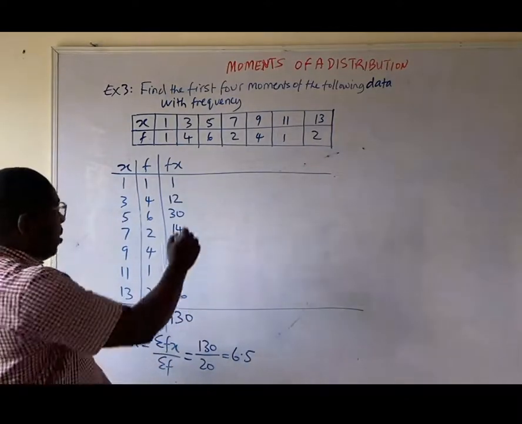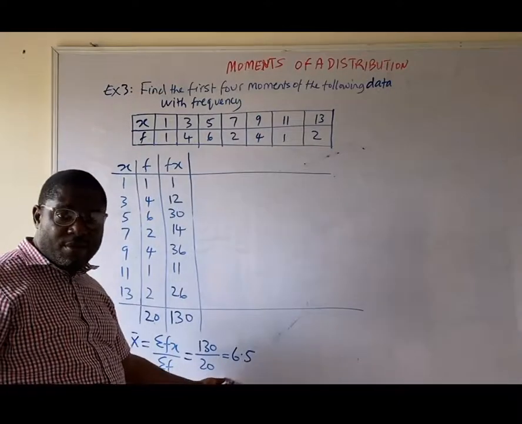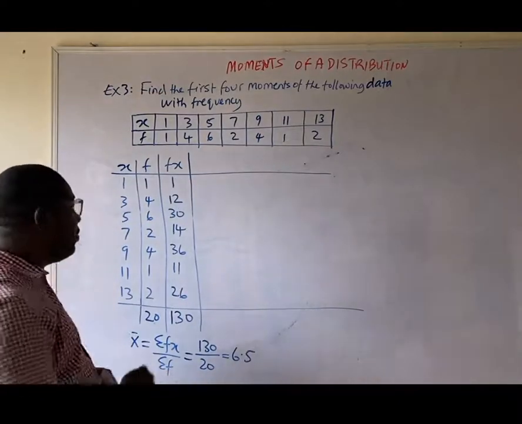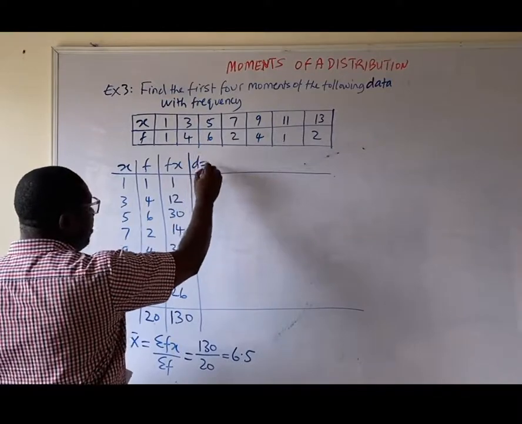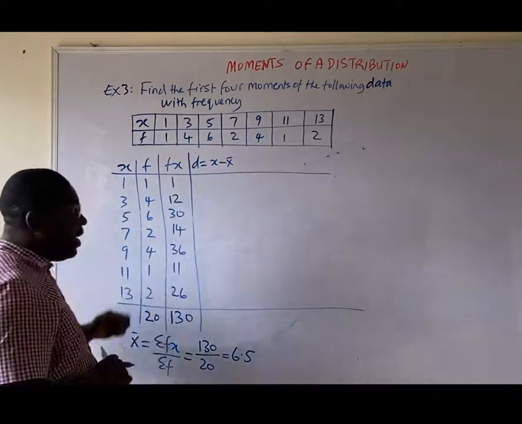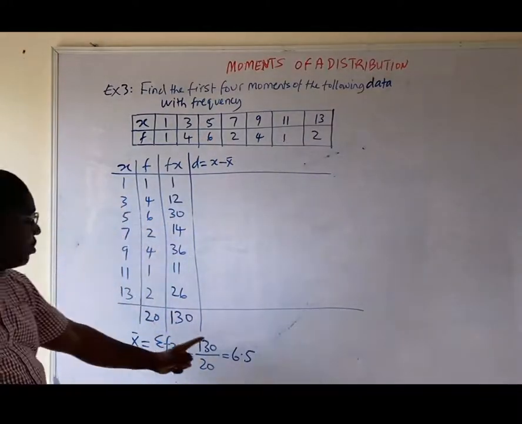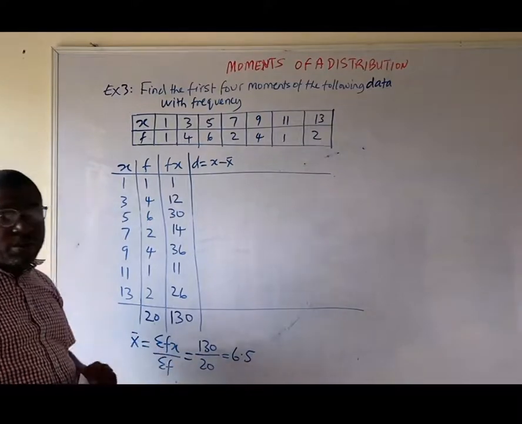Now we will find the deviation from the mean. We're familiar with the deviation, which is x minus x bar, so each value of x minus the mean.